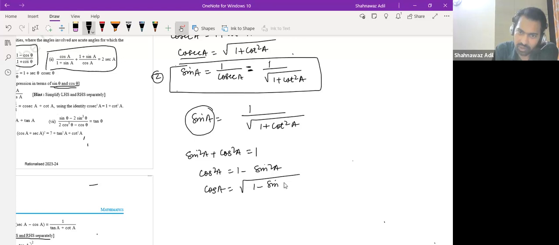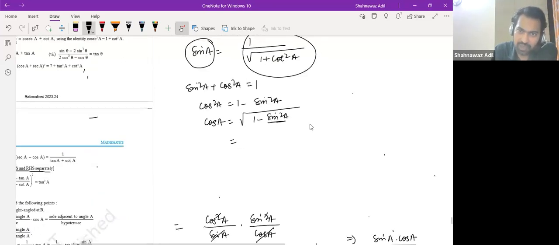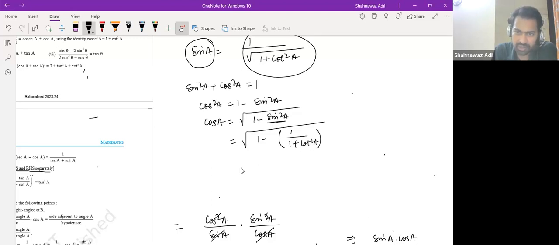Now we can put the value of sine in here, right? So putting this value, what will we get? We will get 1 minus the square root of this, which is 1 plus cot square. I am directly writing this, because the square of a square root is this one.